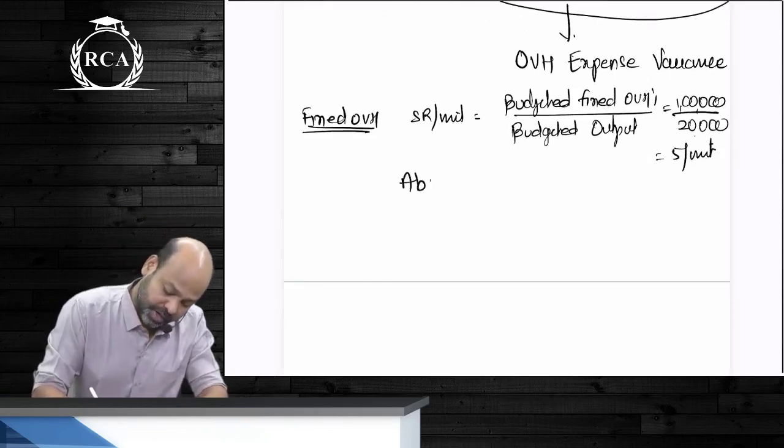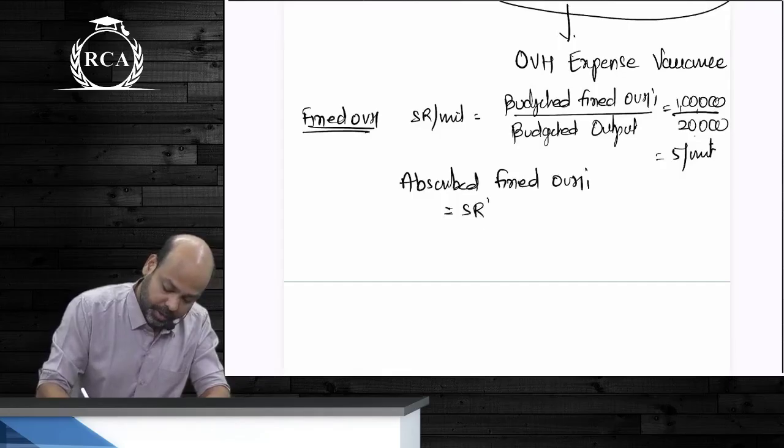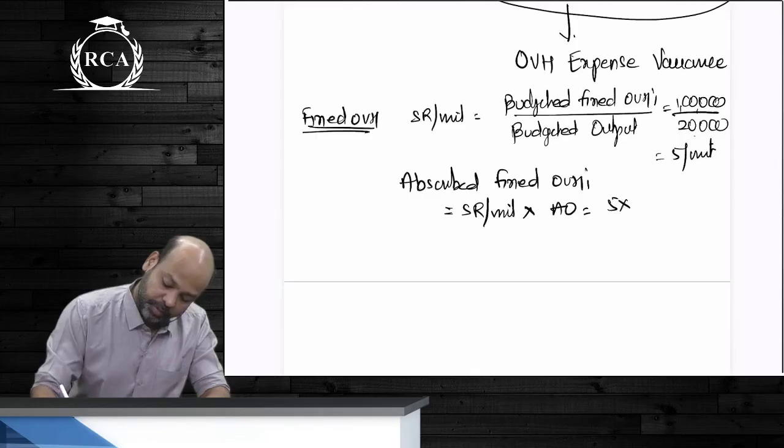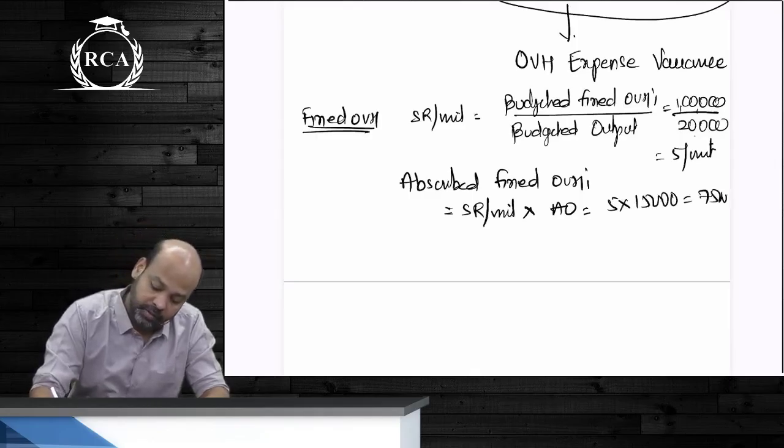Absorbed fixed overheads, beta, would be standard rate per unit multiplied by what? Actual output. 5 rupees per unit into 15,000 units, 75,000.